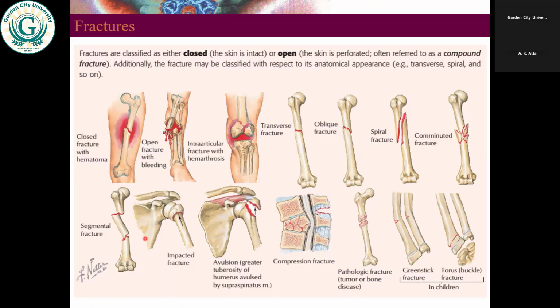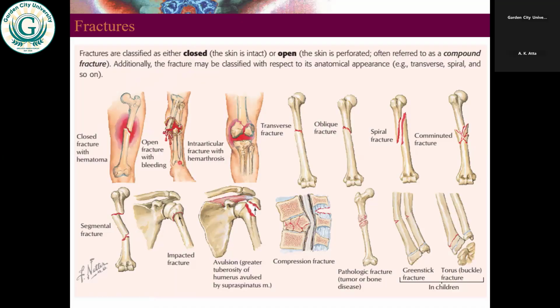I'm not going to talk about fractures. That one, I checked your book, it's not in it. But then we have closed fractures. This one is closed. The skin, everything is intact. Then this one is an open fracture.